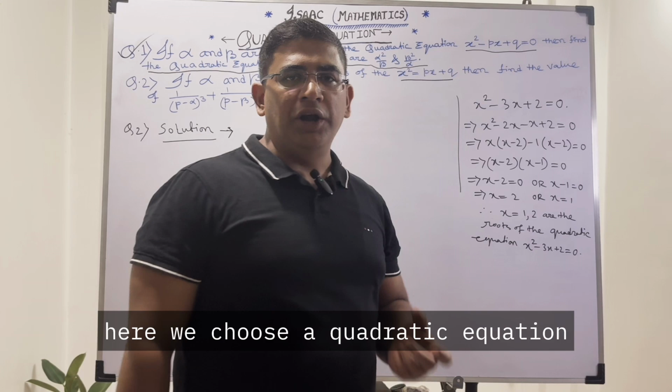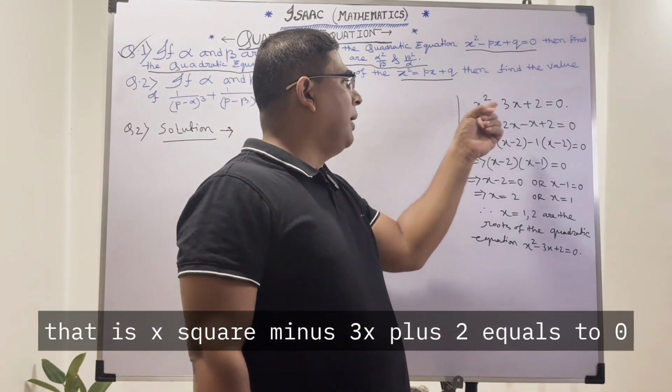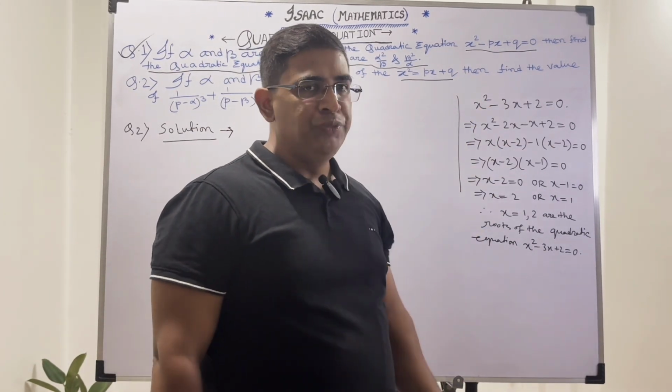Here we choose a quadratic equation, that is x square minus 3x plus 2 equals 0.